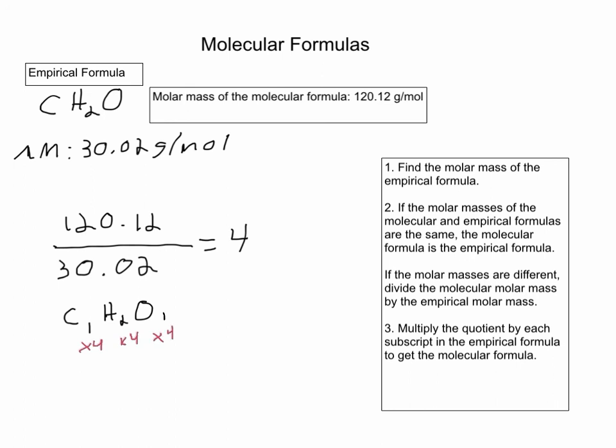And I end up with C4H8O4. And this would be my molecular formula. And that's it. So find the molar masses, divide them, and then multiply the empirical subscripts by the quotient that you get after dividing. And this would be our final answer.